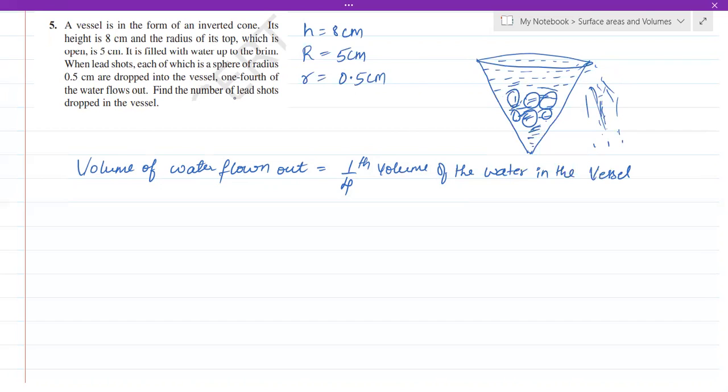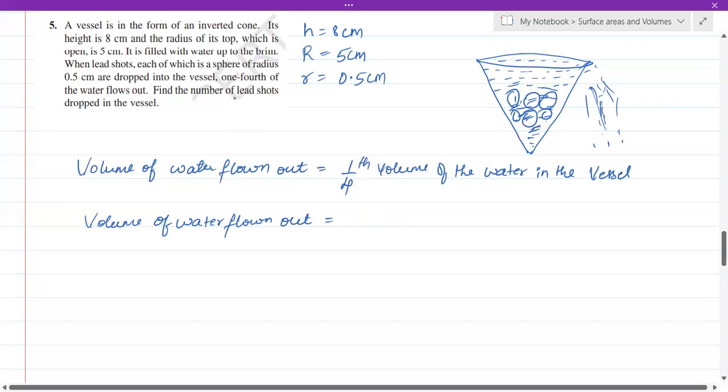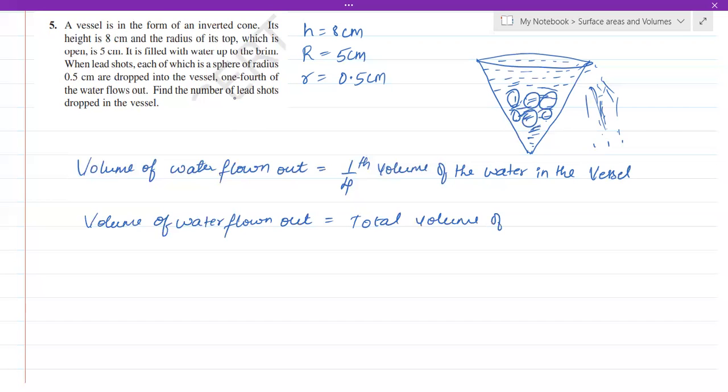So very clearly, the volume of water flown out is equal to the total volume of the lead balls, all spherical balls or lead shots.